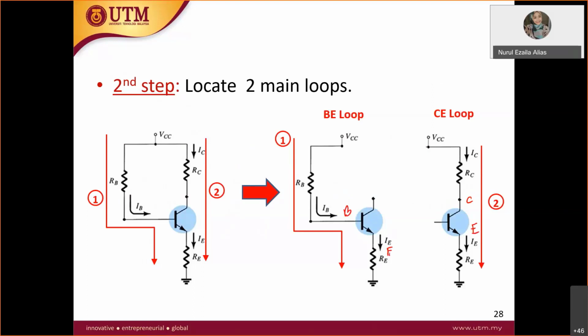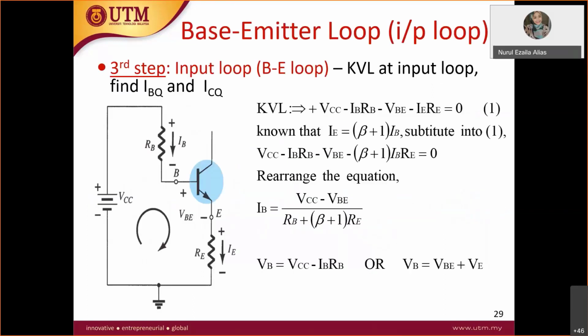So this is how they solve it, the input loop. For the input loop, as you can see from here, this is your input loop, so this is the KVL. If I draw it again, it is the same thing. So let's write together the KVL.